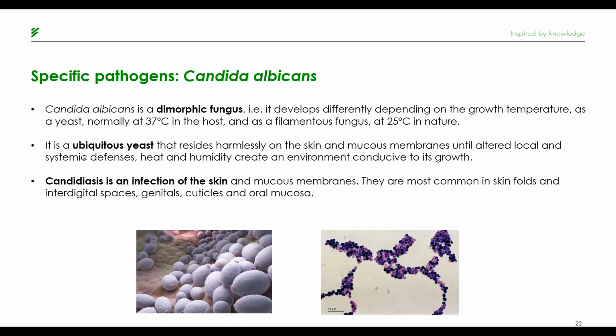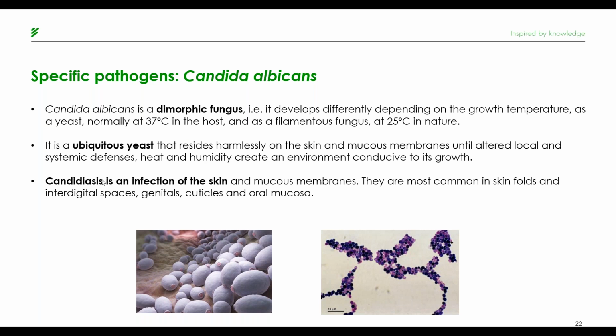It is a ubiquitous yeast that resides mainly in the skin of healthy individuals, mostly harmlessly, but when the immune system of the host is altered and conditions such as humidity and heat permit its growth, it causes infections.